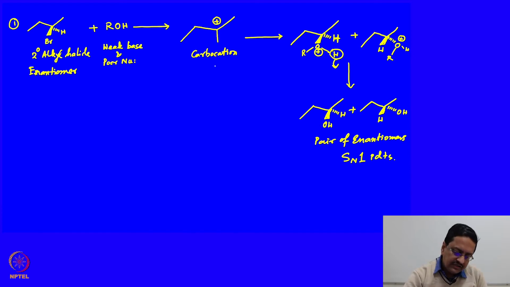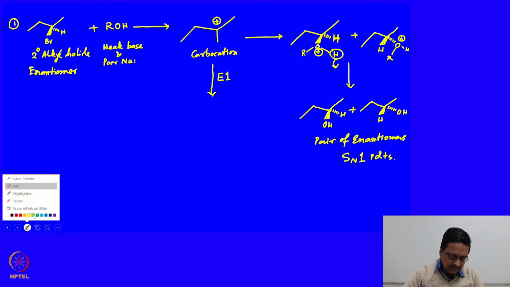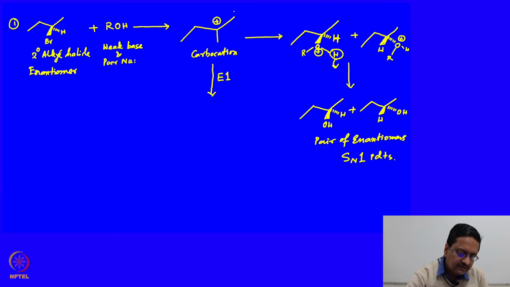The other possibility is a competing elimination reaction through the E1 mechanism from this particular carbocation. We have two hydrogen atoms here and there.